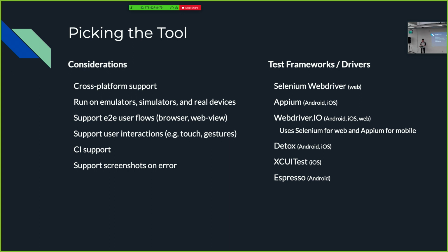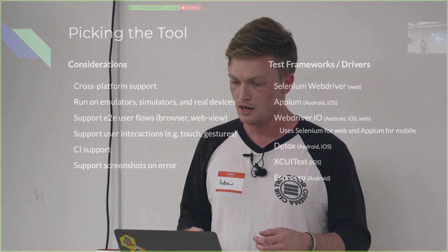Appium solves the same type of problem, but from a native application viewpoint. So rather than using CSS selectors to find elements on a view, you're using native Android and iOS selectors to look up similar elements within a native application.